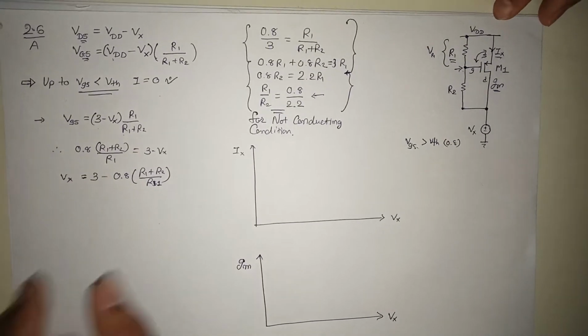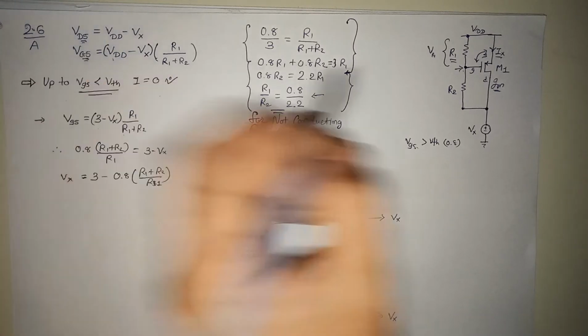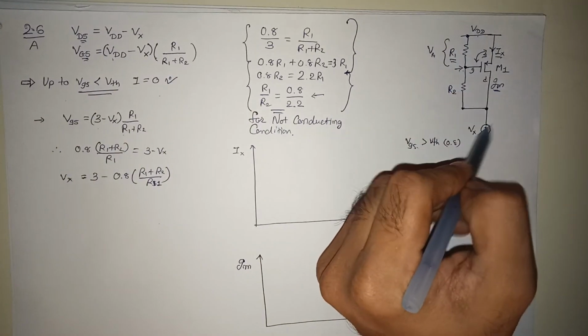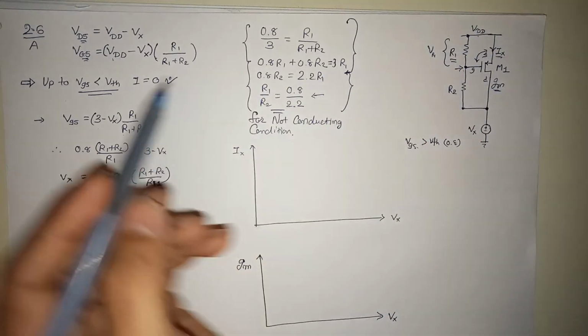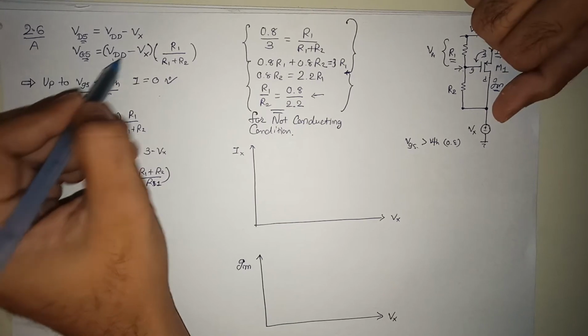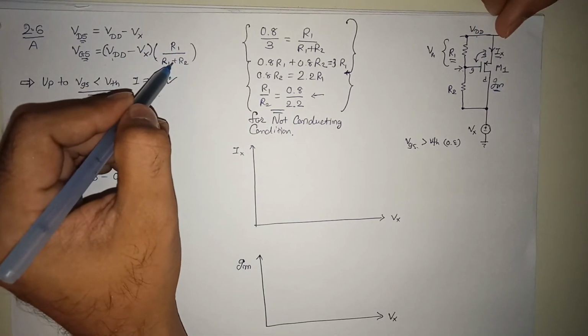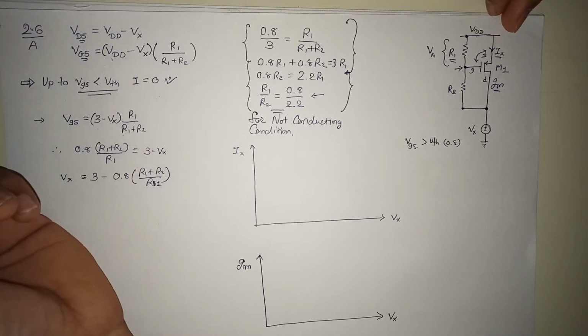So first of all, we'll see here VDS is VDD minus VX. As you can see here, VDD minus VX is VDS. VGS is VDD minus VX times R1 upon R1 plus R2, the voltage divider rule basically.